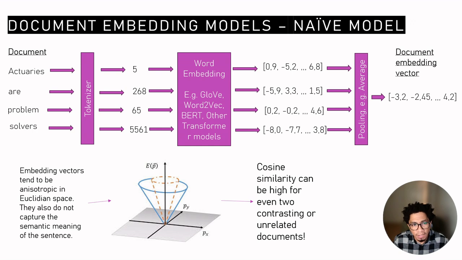The second problem is the models are trained to, it's a word embedding model. It's not a sentence embedding model. So an average doesn't necessarily capture the semantic meaning of the sentence. You could have 4 words with a different order that could mean something different.